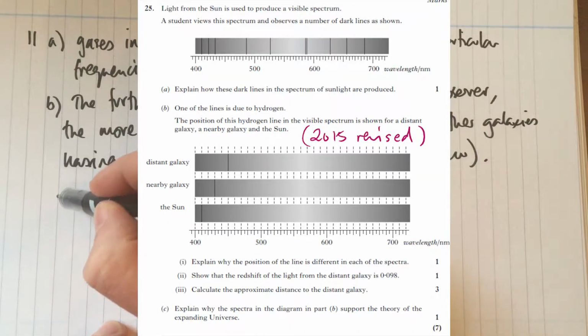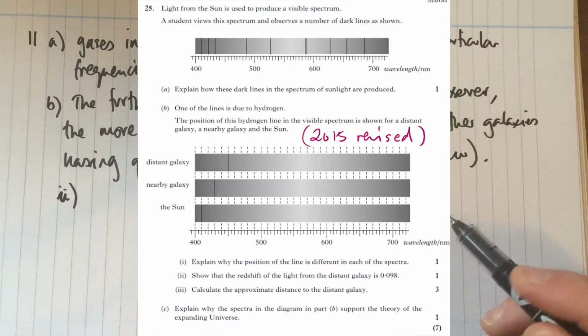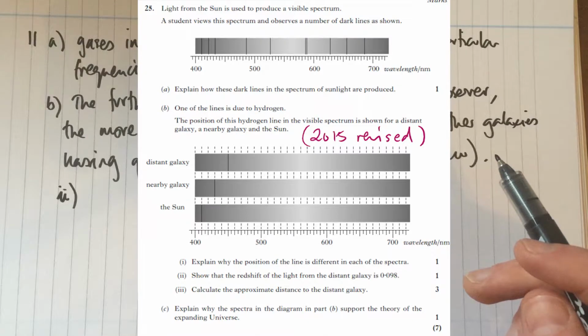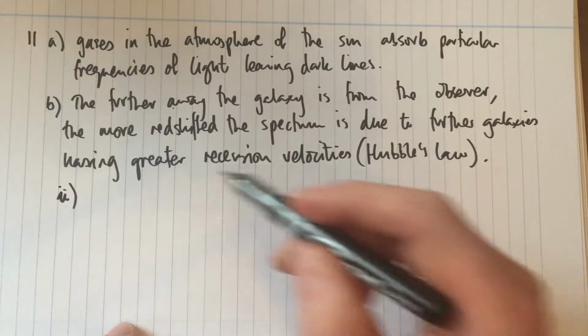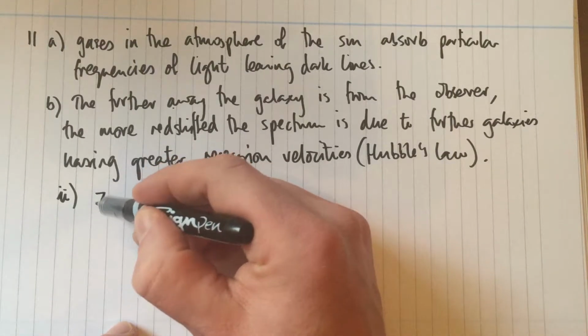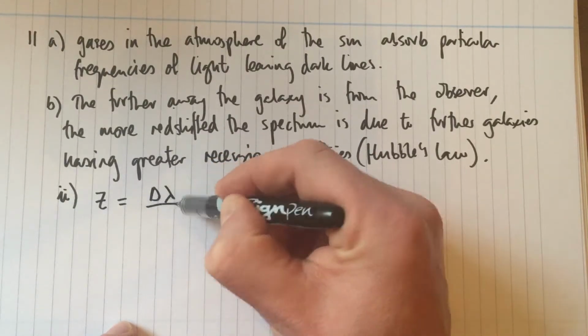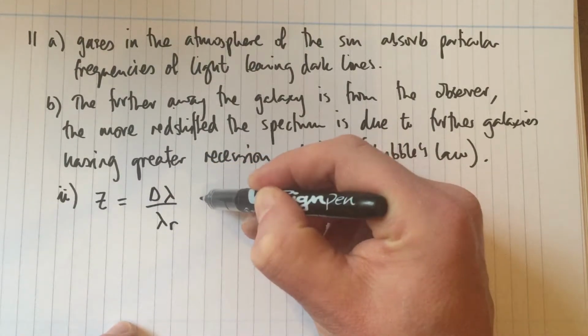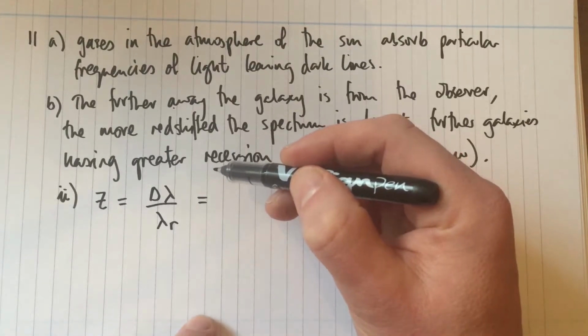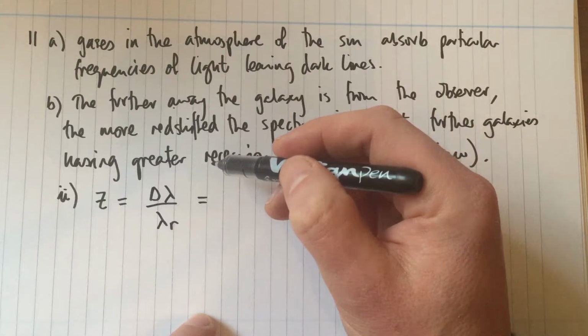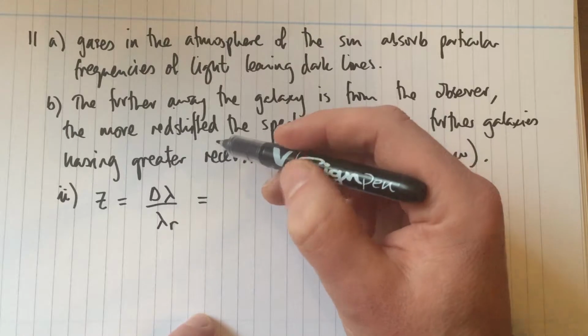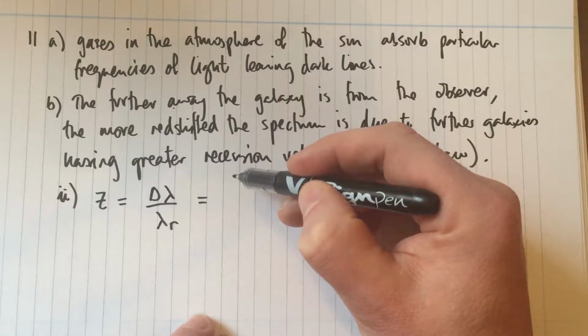Part 2 asks us to show that the redshift of the distant galaxy is 0.098. So we have wavelengths from the diagram. The redshift is the change in wavelength over the rest wavelength. If we look at the distant galaxy, we need to read off the wavelength, which is 450 nanometers.